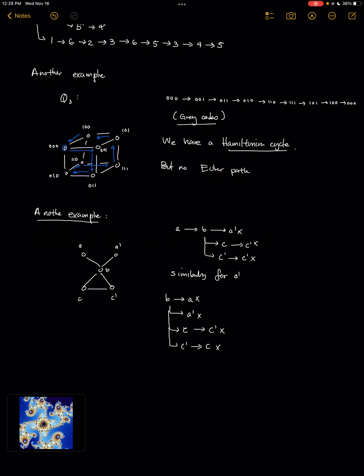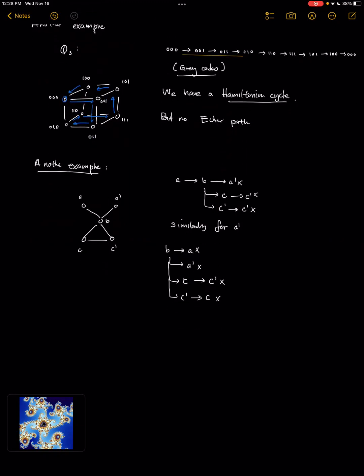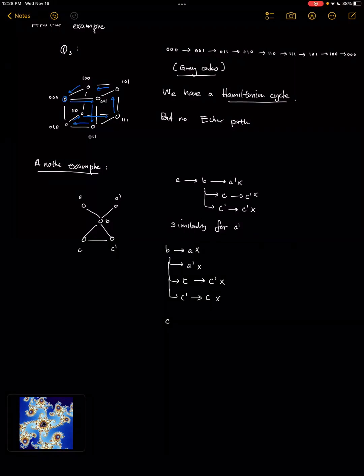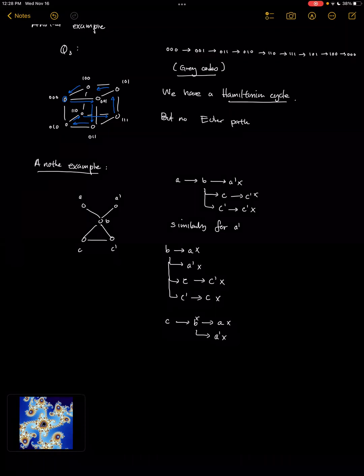Well, what if I start my path at C? If I start at C, what may happen? I can go to B, and then from B, I can go to A, but then I will get stuck. Or from this B, backtracking, I can go to A prime, but then I get stuck. That means that I shouldn't go to B. So from C, I can go to C prime.